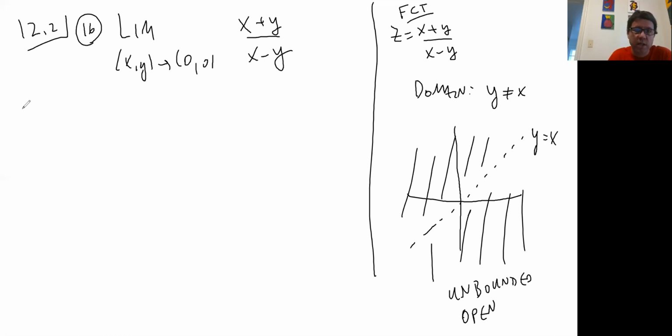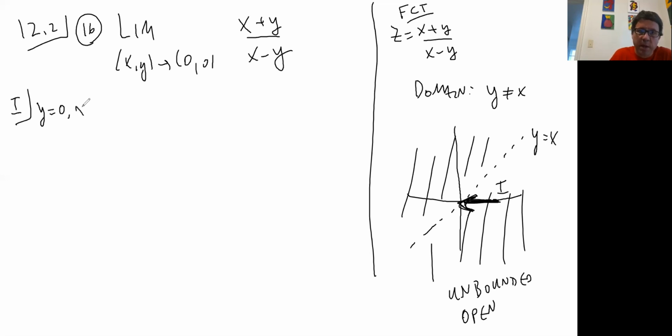So let's see. Well, if we try path number 1, and this is not quite the homework problem, but that's all right. If I come in from path number 1, then what does that mean? That means I'm picking values that are getting closer and closer to 0 along that route. So along that route, y is 0 because it's on the x-axis.